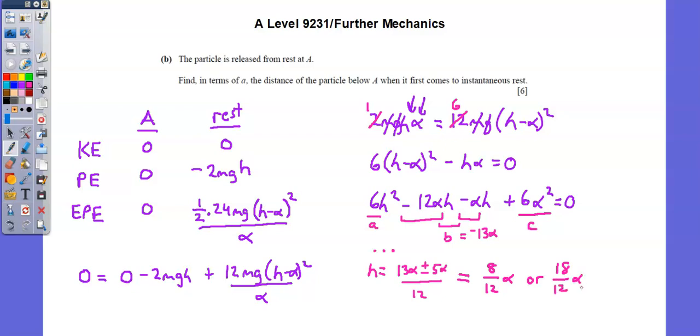Thinking about the scenario, h is the sum of the natural length alpha plus an extension, so our result should be greater than alpha. That first answer, 8/12 alpha, is less than alpha, so it must be the second value. We can simplify 18 over 12 to 3 over 2, and h is 3 over 2 alpha. That is the distance of the particle below A when it first comes to instantaneous rest, and that completes the requirements for part B.